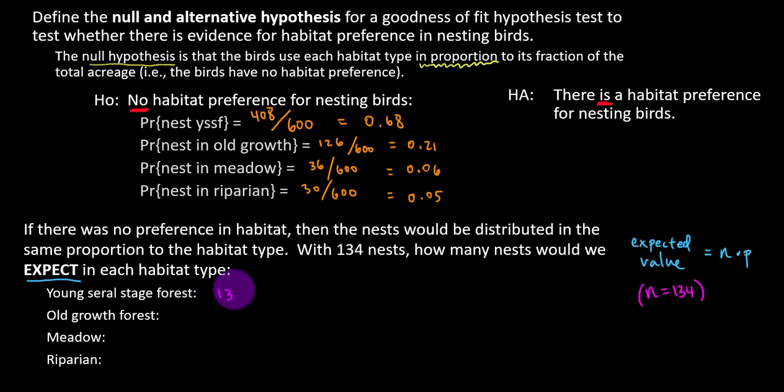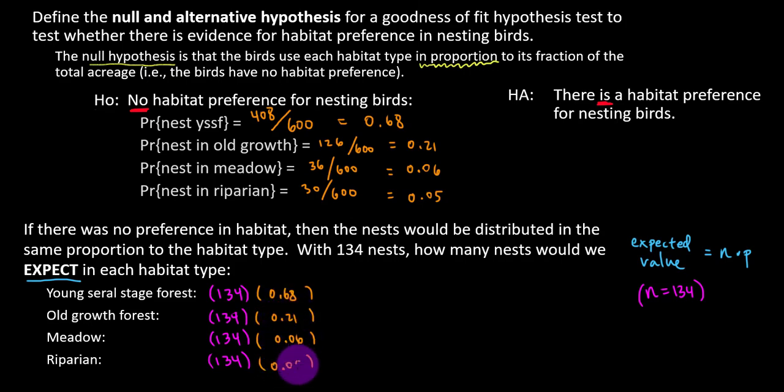And so how many nests would we expect to see in each of these habitat types, assuming these probabilities? So I'm just going to multiply our sample size by each of these proportions written above. Now, some of these are going to result in decimal values. That is okay. Just keep those.